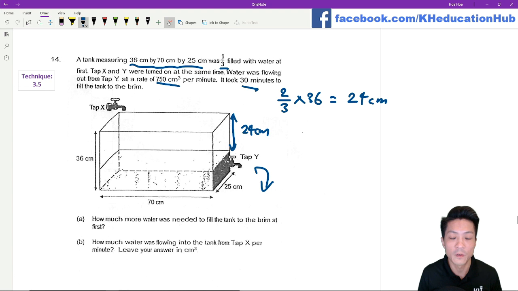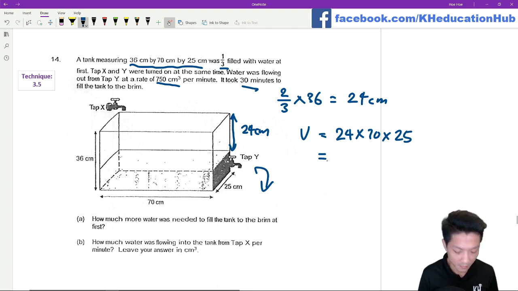Now I can find the volume of the empty space, which is 24 times 70 times 25. 42,000 cm cube.